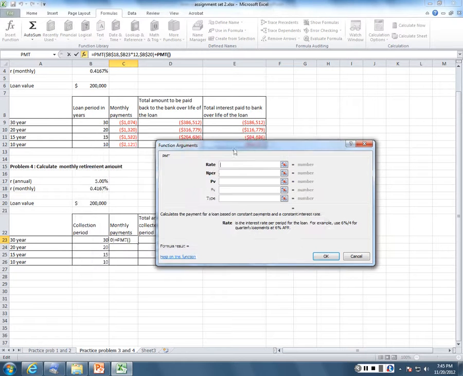If I use 5%, I should remember to divide it by 12. Or if I use this one, which I already did, you can do it over here like I did before. The number of periods, because I am doing it monthly, I take this number and multiply it by 12. And I am borrowing 200,000.